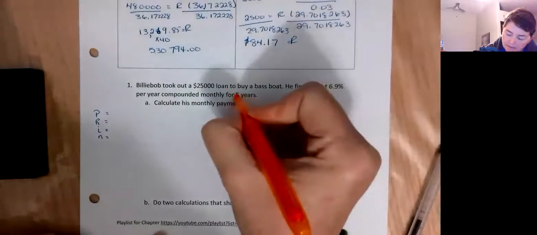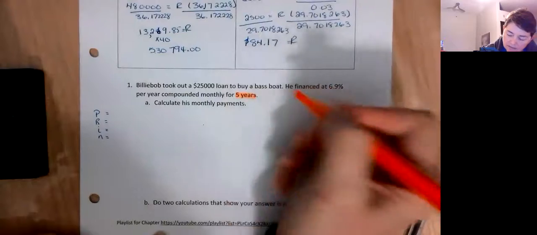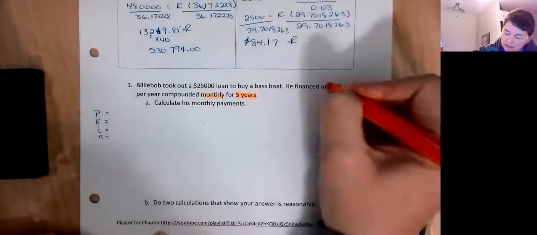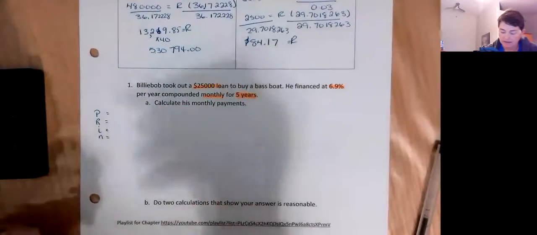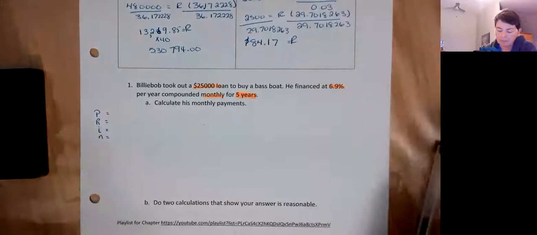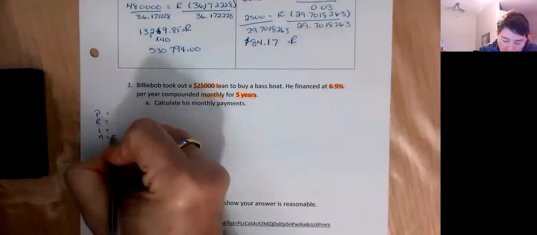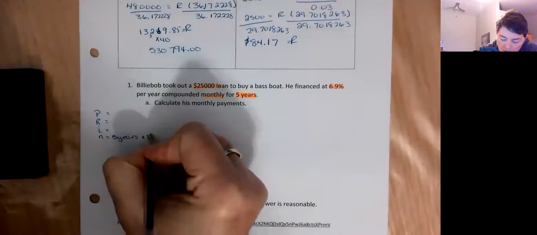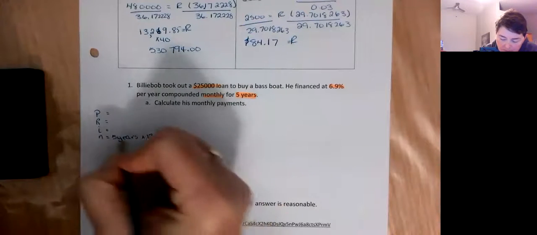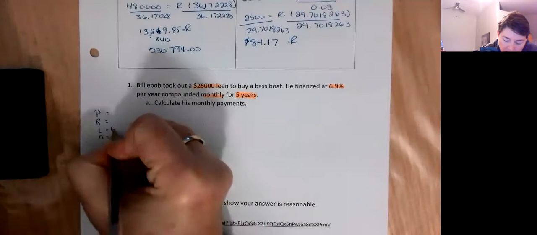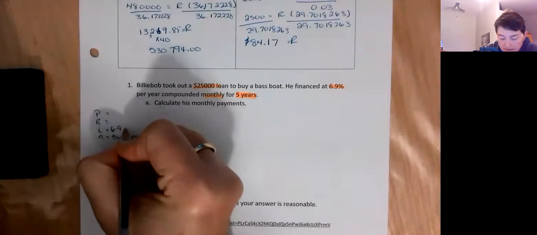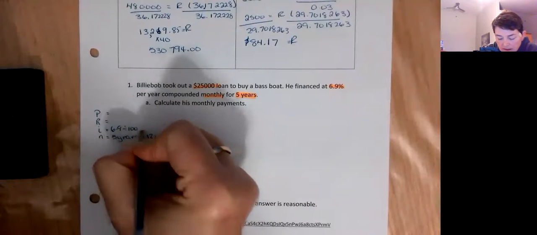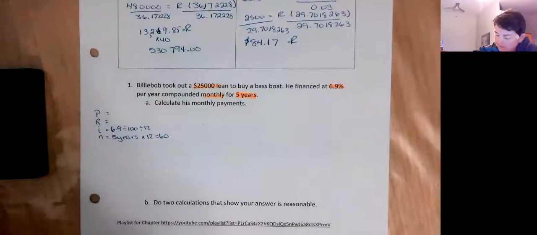We have 5 years, monthly, 6.9, and there's our loan. So I'm going to go 5 years times 12 is equal to 60. My interest is 6.9 divided by 100 divided by 12.